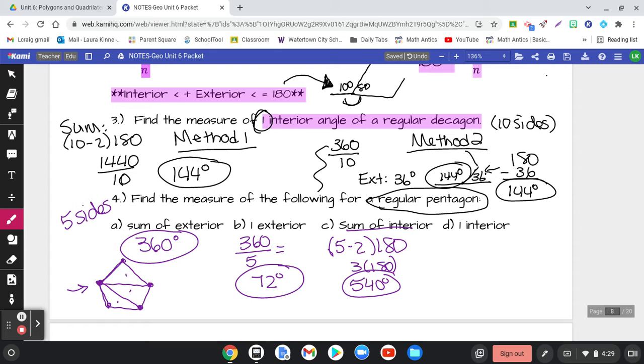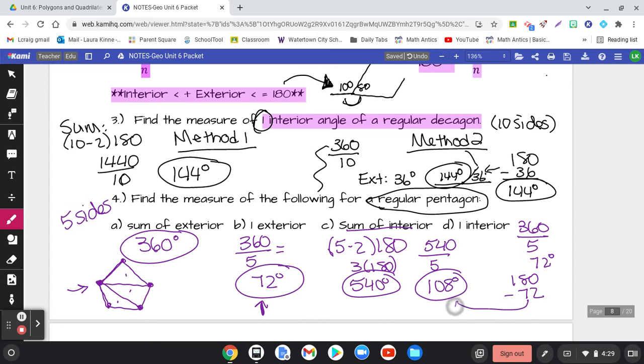So if you just want to find one of them, now that you know it's 540, you can divide the 540 up between the 5, and you get 108 degrees. Or you could have done 360 divided by 5, which we did over here. And we know that they're supplementary, so then subtract from 180. Either way, for one interior, you'd get 108.